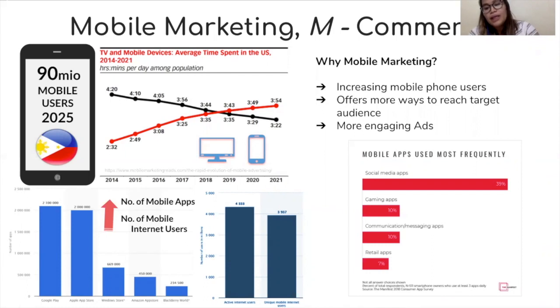Examples of mobile advertising formats include SMS text messages, interactive ads, rich media ads, and push notifications, where customers can sign up to receive alerts.